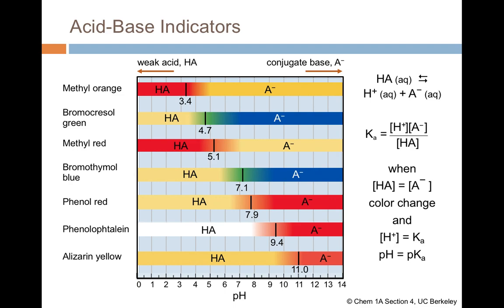That's also the moment where the concentration of H+ is equal to Ka. If you take the negative log of both sides, this is the moment where pH is equal to pKa. So if you are looking to indicate a certain pH to yourself, well, look for a colorful acid-base conjugate pair with a pKa of that same value.